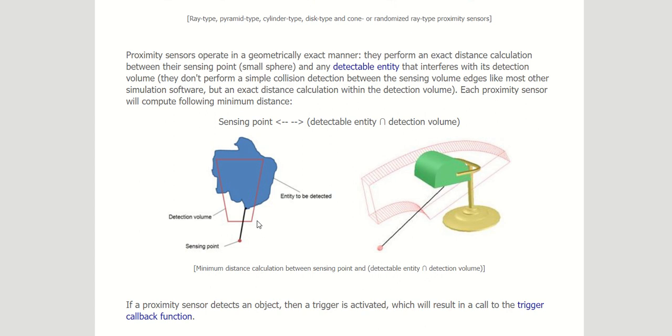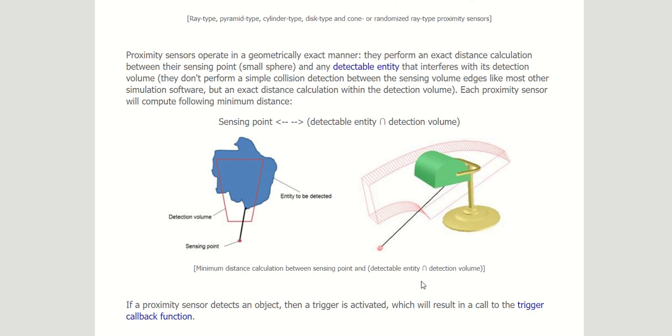Understand? So it is the minimum distance calculation between the sensing point and the intersection of the detectable entity and detection volume, right? If I said union a few minutes ago, I apologize, because it is intersection, not union. Sorry.